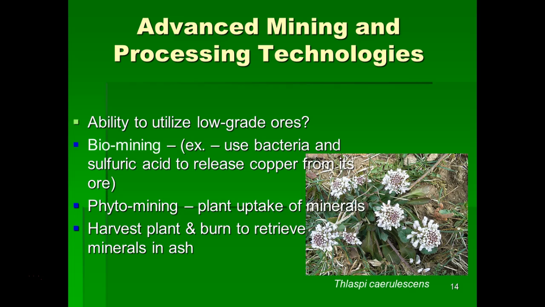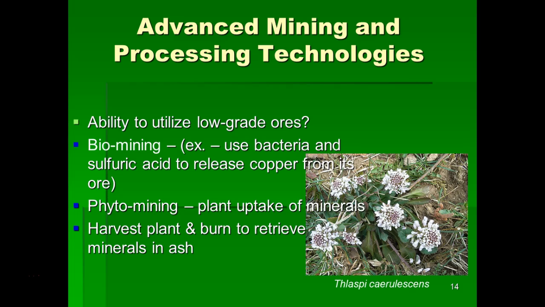So they're experimenting with biomining and phytomining. Biomining uses bacteria, and they also add some sulfuric acid to kind of break things down, and then the bacteria actually release the copper from the ore so that they can easily get to it.